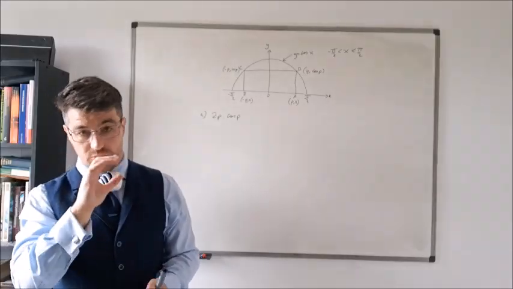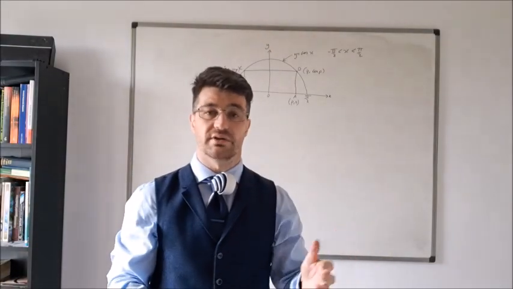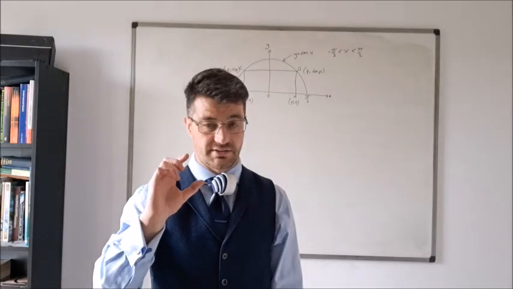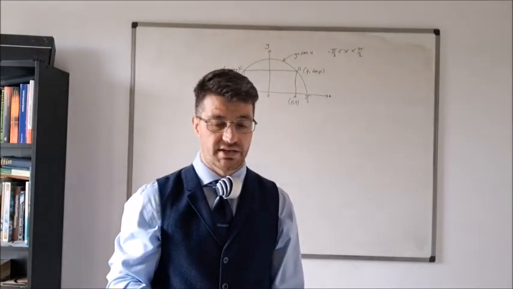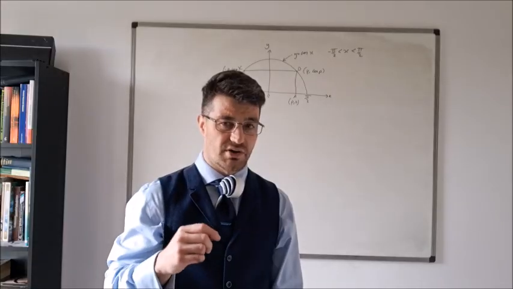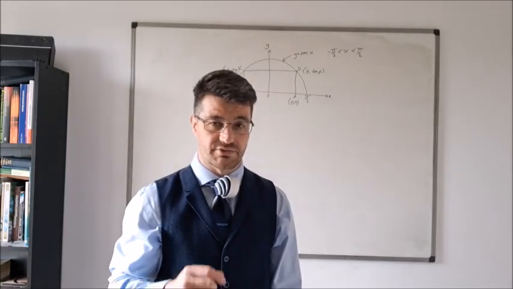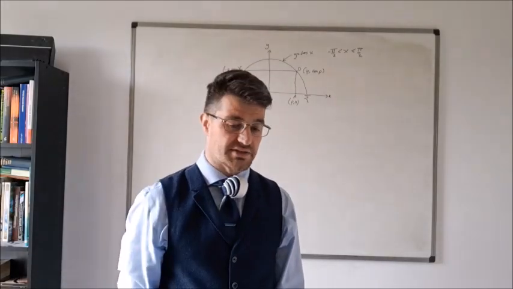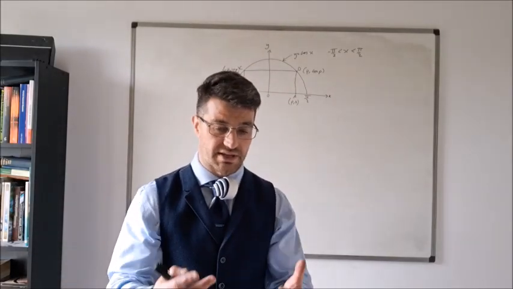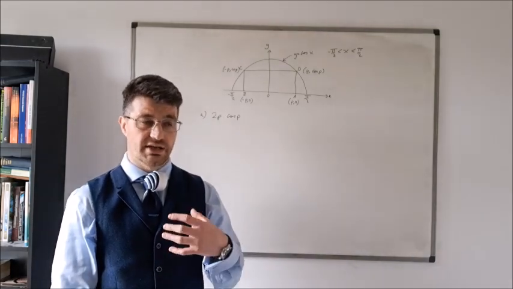Now, one difference that you might see between normal A-level maths exams and Advanced Extension Award or STEP exams is that there's much more responsibility on you personally to derive the results that you need that are going to be used in subsequent parts of the problem. So here, for example, in part A, find an expression in terms of p for the area of this rectangle.